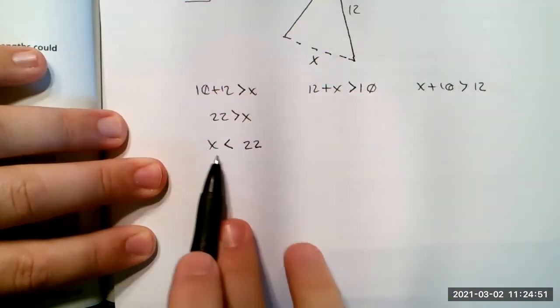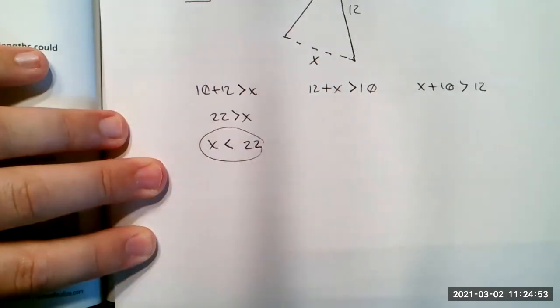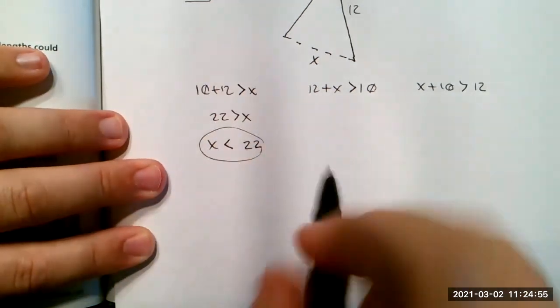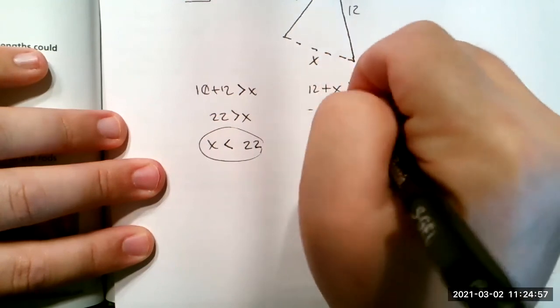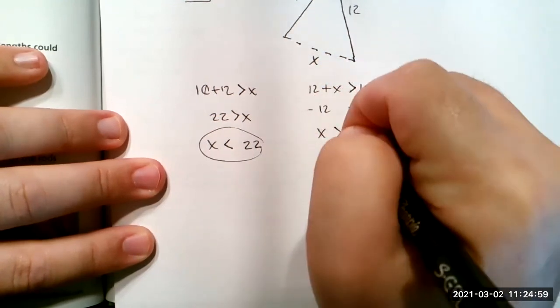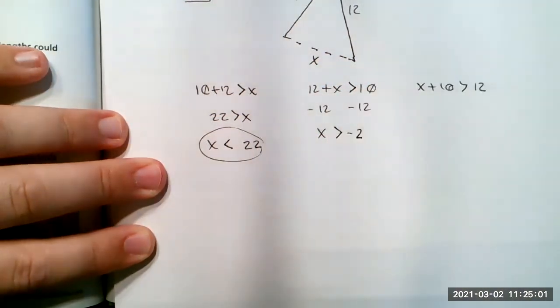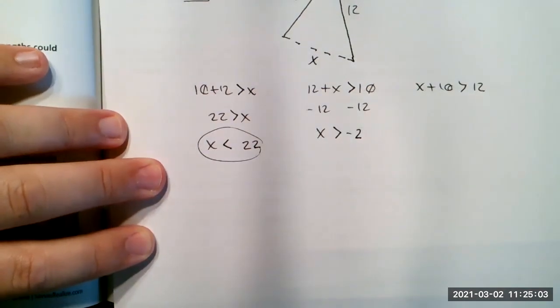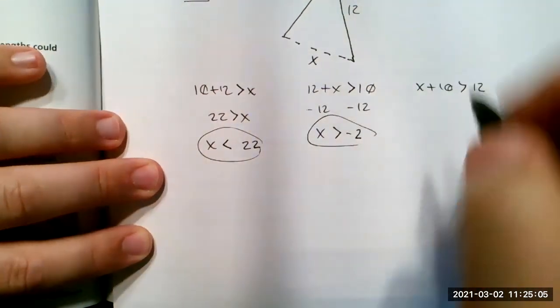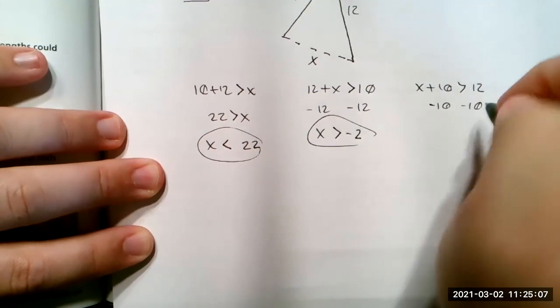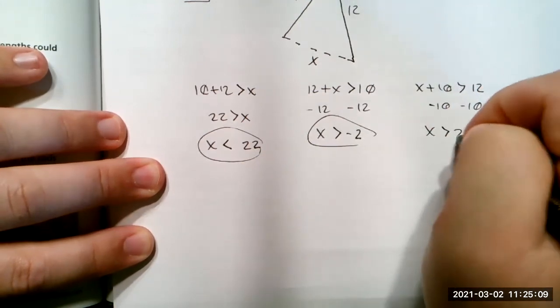So my greater than becomes less than. So there's one of them. Here, I'm going to subtract 12 from both sides. So I get X is greater than -2. And then the third one, I subtract 10 from both sides and I get X is greater than 2.